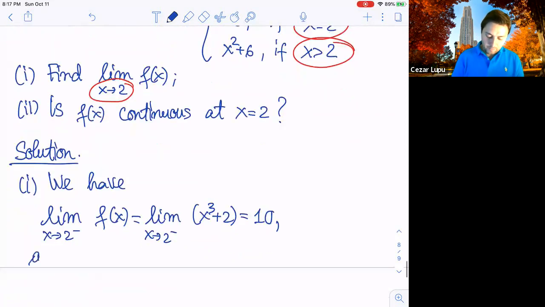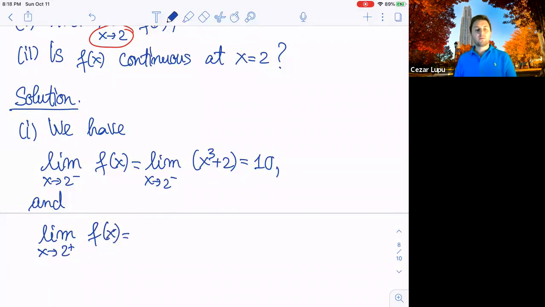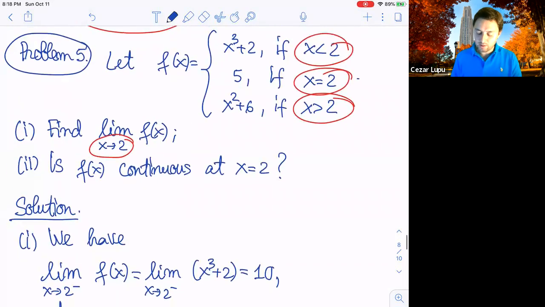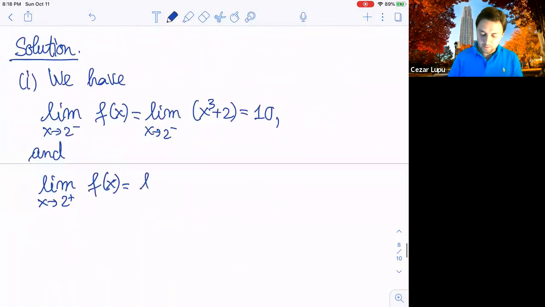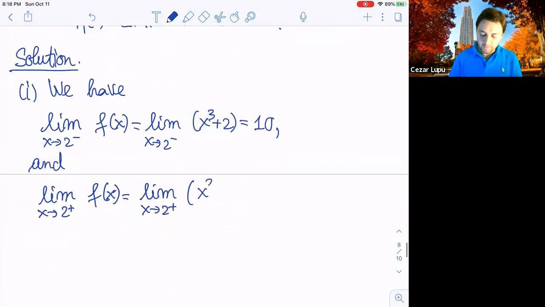And if we want to look at the limit as x approaches 2 from the right of f of x, so for values of x which approach 2 but are greater than 2, let's look at this. It's the third piece. So this would be the limit as x approaches 2 from the right of x squared plus 6.